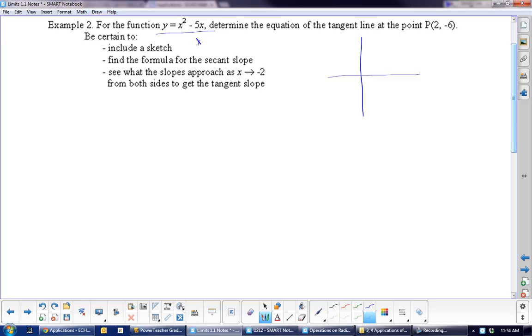Because I could take out an x, that would be x minus 5. So my zeros would be 0 and 5. Okay, and if we completed the square, we'd get the vertex, but it's not huge right now. Now it says find the slope at point 2, negative 6.